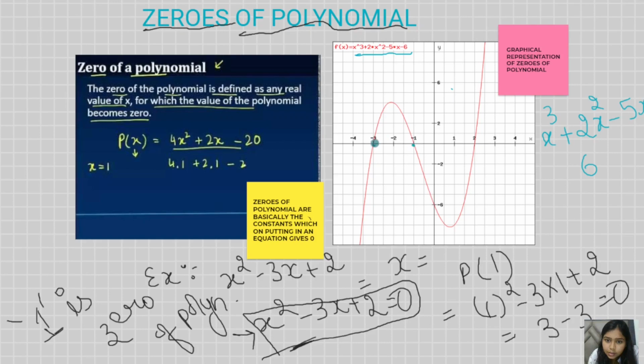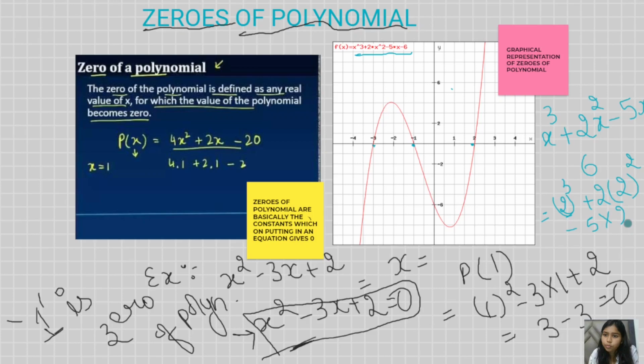So let's try to confirm whether these are the zeros of this equation or not. Let's put 2 in this particular equation. If we put 2 in this equation, we'll get 2 whole cube plus 2 multiplied by 2 whole square minus 5 multiplied by 2 minus 6.